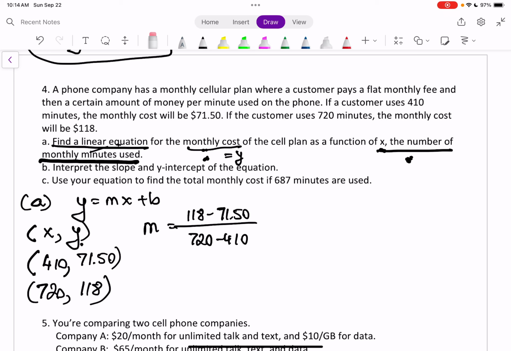Now, I'm going to write it to the side. So with this slope, again, it just goes back to the section where we said, here are 2 points, find the equation of a line. Okay, here are the 2 points. We first find the slope, and then we use either one of these points to plug in for y and for x to find our b.